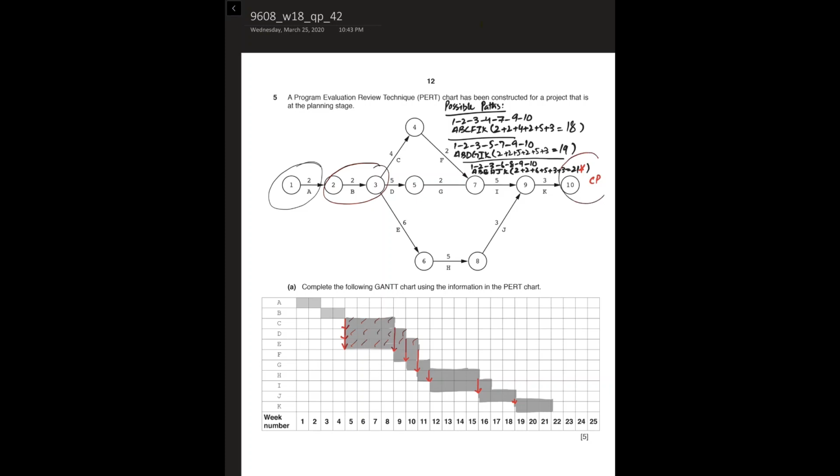I calculated the critical path, which is 21 weeks, and this Gantt chart also shows the critical timeline of the whole project, that it will end on the 21st week.